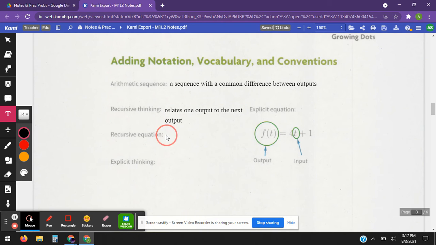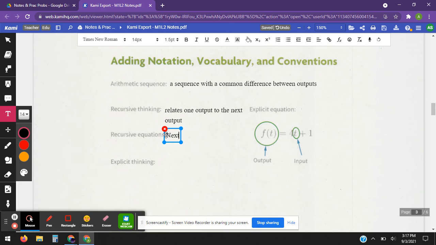The recursive equation, our next equals previous plus 4 in this case. And our explicit equation is shown right here. They've already given us that one.